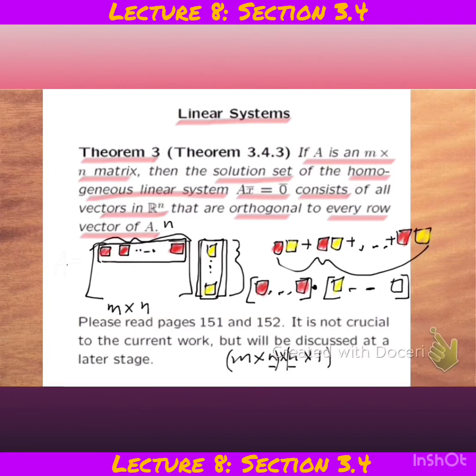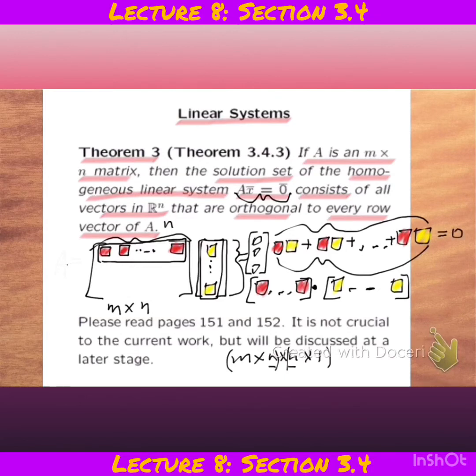Now, because we're working with that system there, you want that to be the 0 vector. So this particular dot product here needs to be 0.